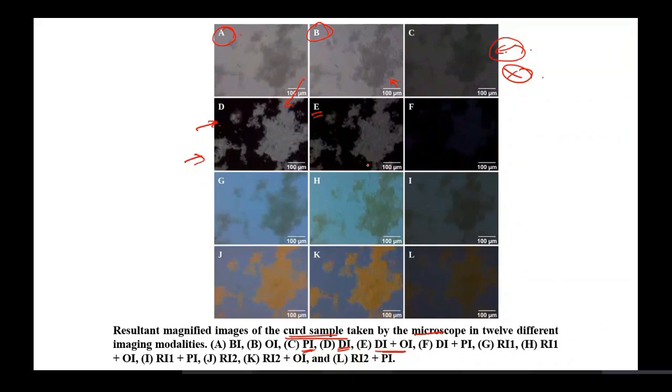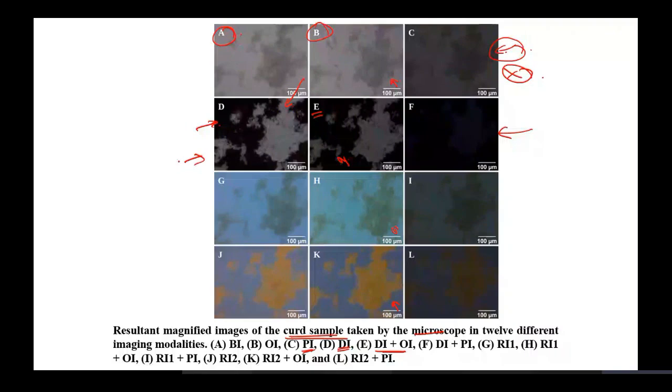Here we are getting some 3D effect. Here also you are getting a 3D effect. There is a slight shadow over here, and a brighter region on the other side. In the polarizing sense, curd has a lot of proteins and such things which do not have crystalline properties, so we are not seeing the polarizing effect.